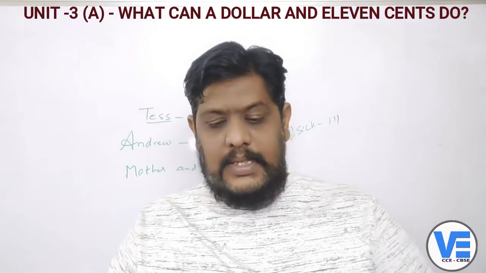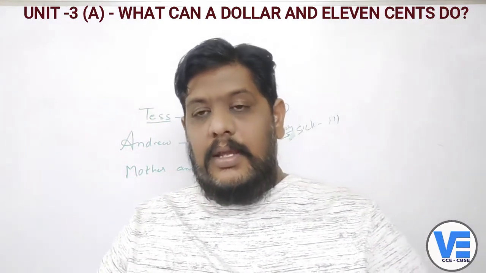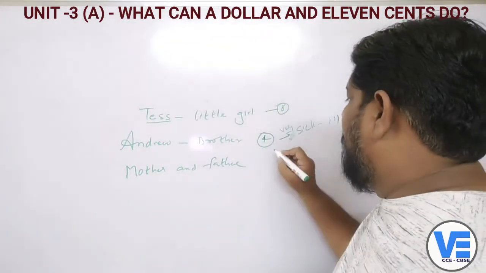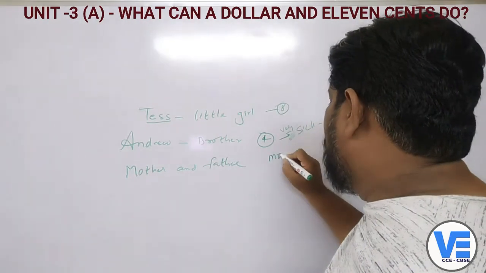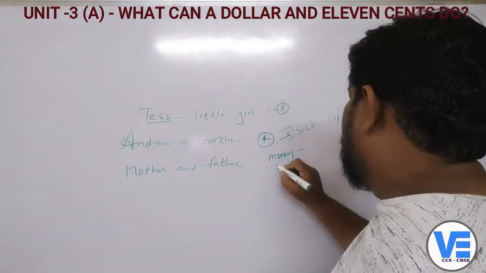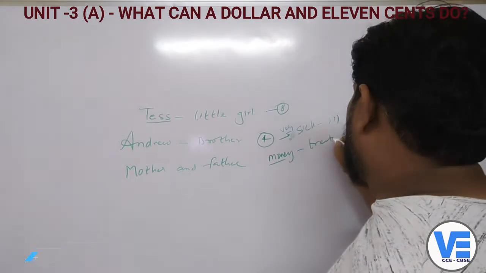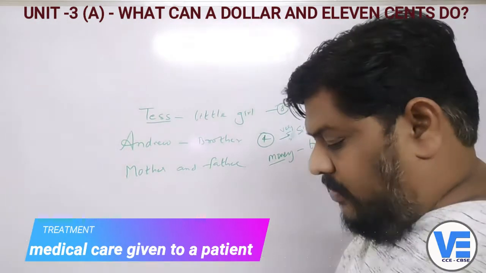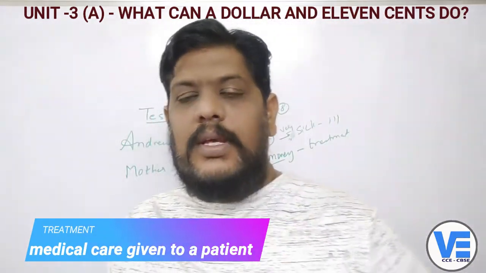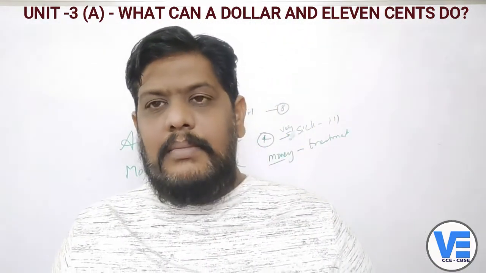He was very sick, and also she knew that her parents didn't have money for the treatment, for the medication, for whatever is needed to cure the sickness. What they need is some money.